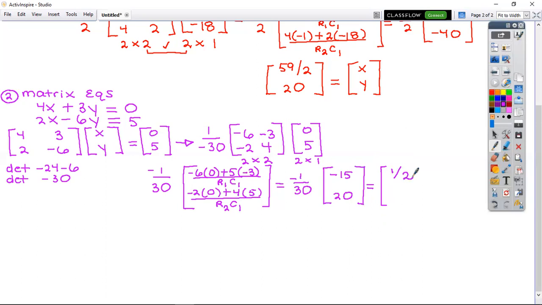Okay, to get fractional answers, just like you did yesterday. And then -1/30 times the 20, so divide them by 10, and we have -2/3. But you need to state that this is equal respectively to x and y.